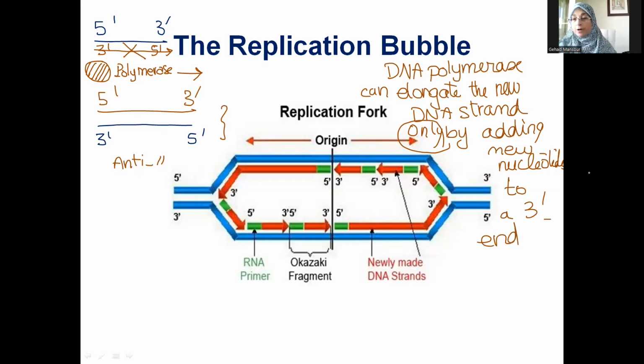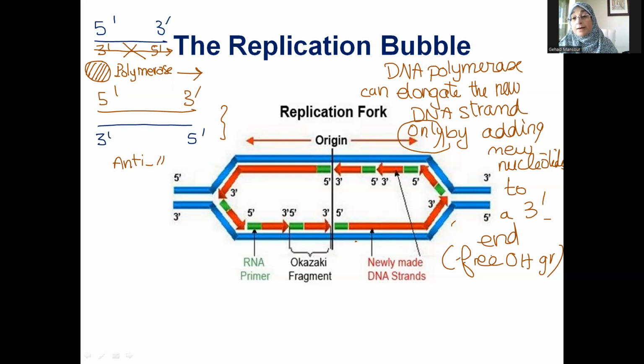And a 3' end is that end where you're going to have a free phosphate group, free hydroxyl group. Okay, so DNA polymerase can elongate the new strand only by adding new nucleotides to a 3' end.